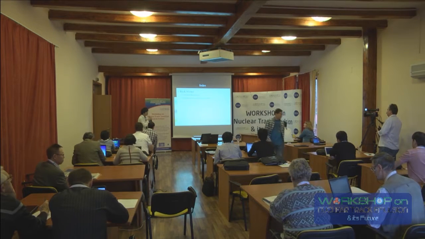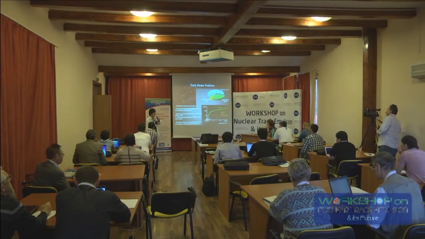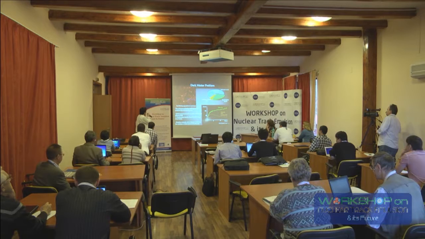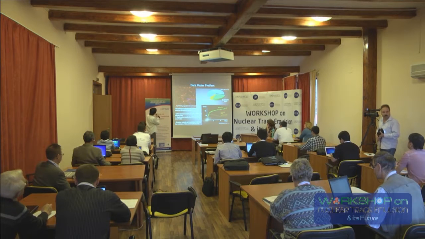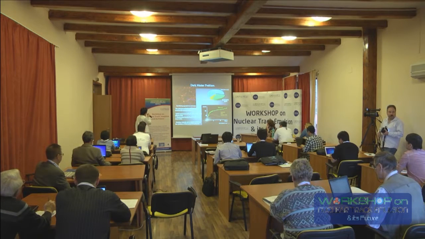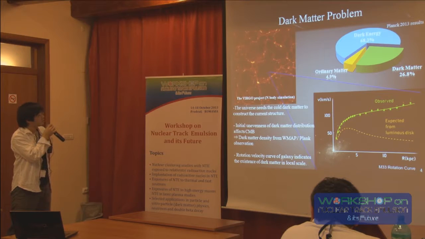Let's go to the dark matter section. Maybe you know well about dark matter, so I'll introduce it very simply. The left image is an N-body simulation. It means the current universe structure needs cold dark matter.